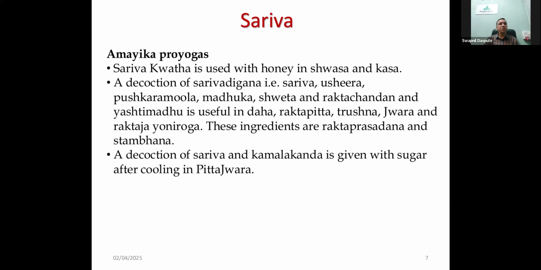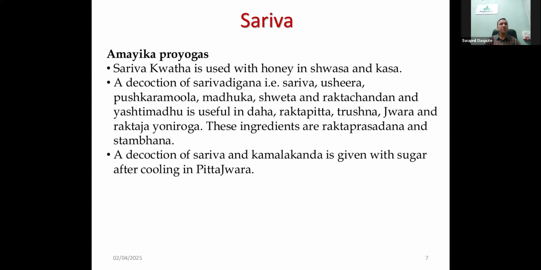Sariva Kwatha is used with honey in Shwasa and Kasa. So these are specific formulations or ways where Sariva or Ananta can be used in specific conditions. Okay, Sariva Kwatha. So single herb Sariva Kwatha can be used with honey in Shwasa and Kasa.